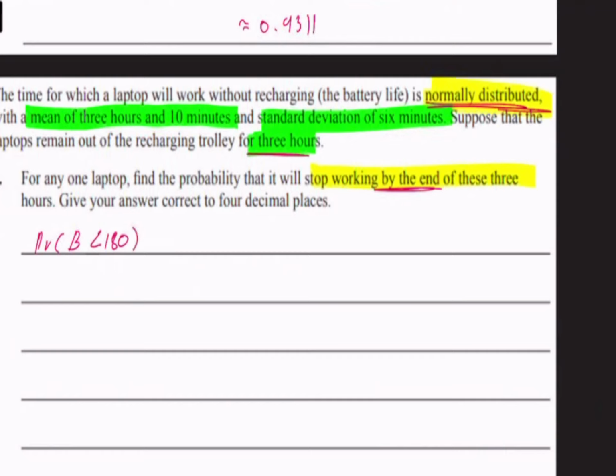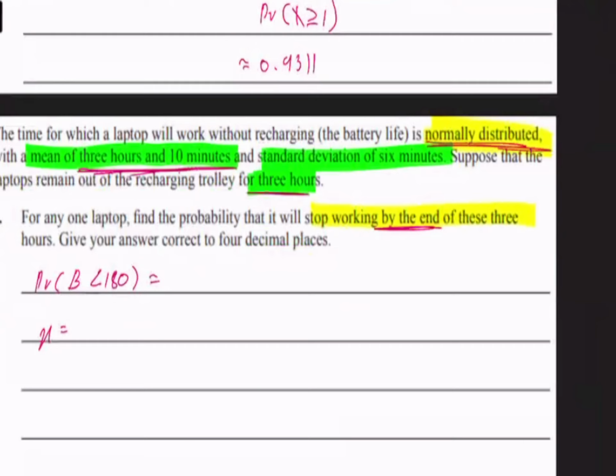So again, you could just put this into your CAS, where the mean is 3 hours and 10 minutes. You want to convert this to minutes because you can't use decimals, as that would not be as precise, since it would be 3 plus 1 on 6 hours.